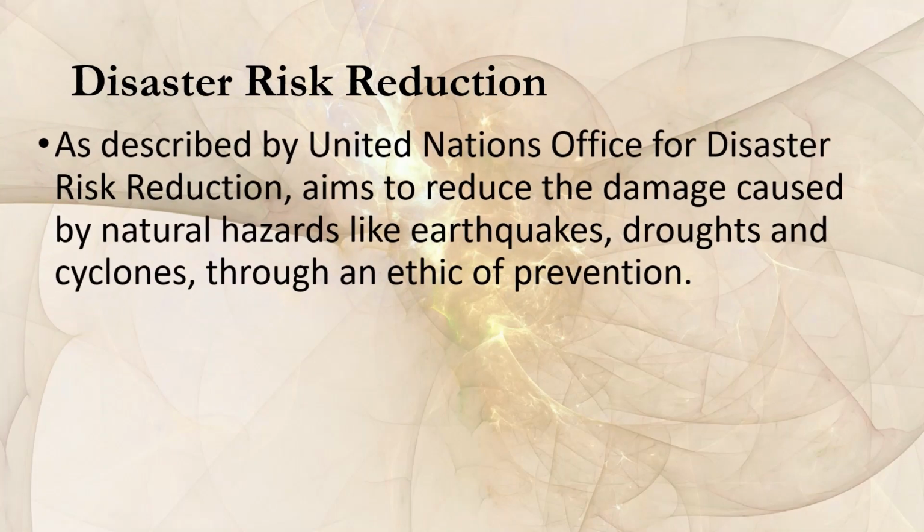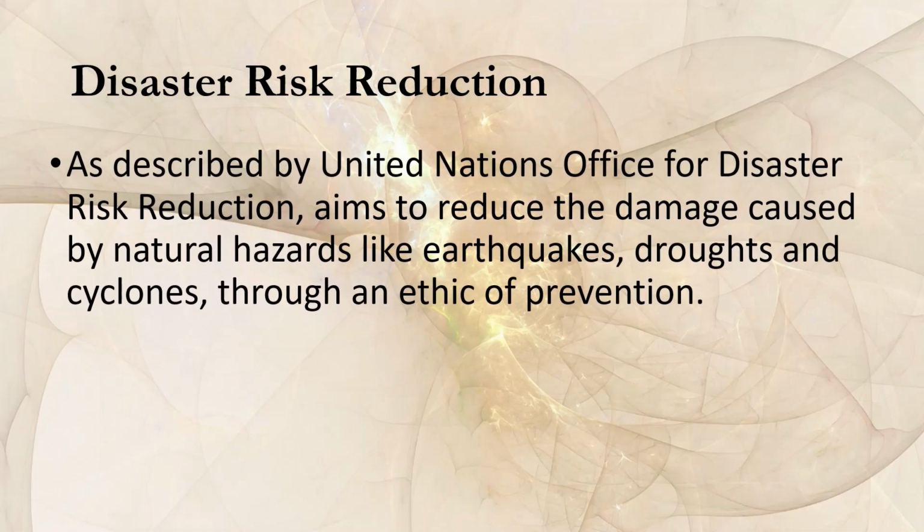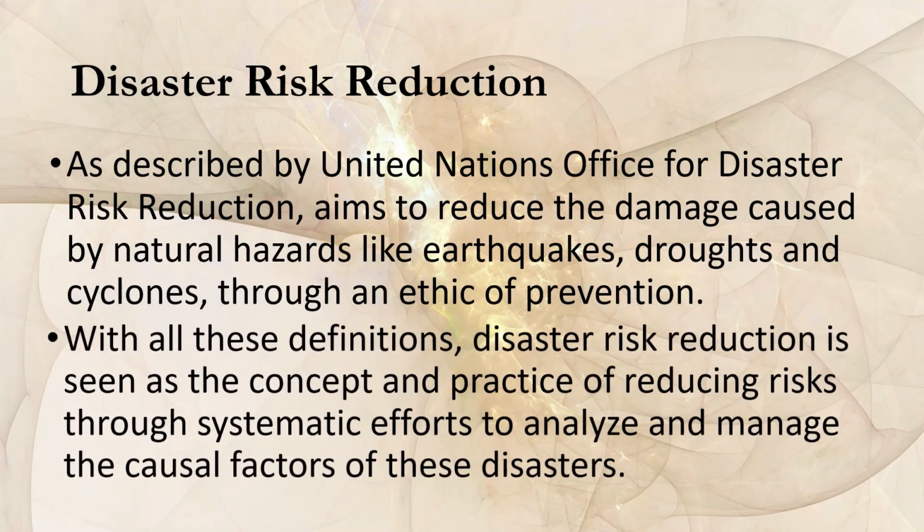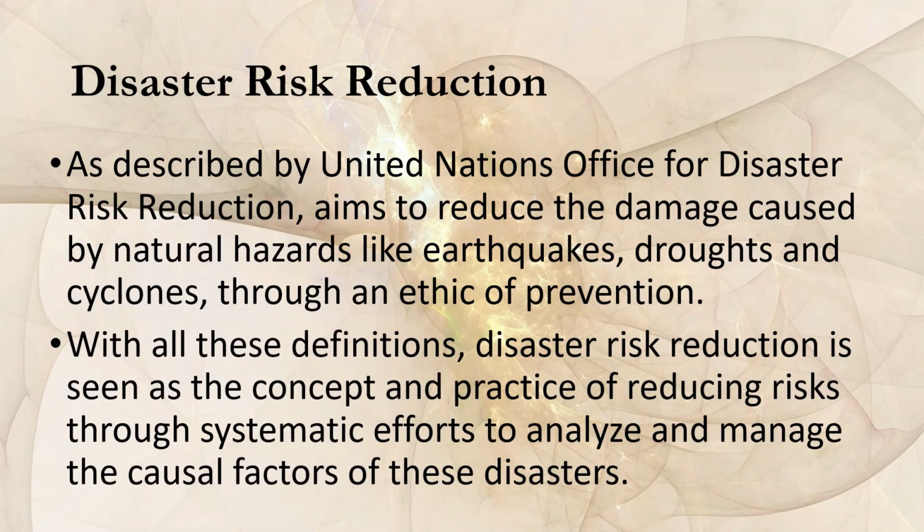As described by the United Nations Office for Disaster Risk Reduction, it aims to reduce the damage caused by natural hazards like earthquakes, droughts, and cyclones through an ethic of prevention. Disaster risk reduction is seen as the concept and practice of reducing risk through systematic efforts to analyze and manage the causal factors of disaster.